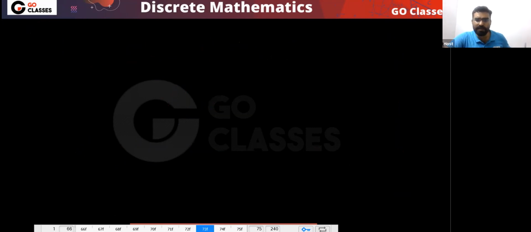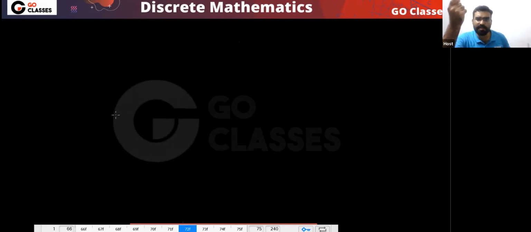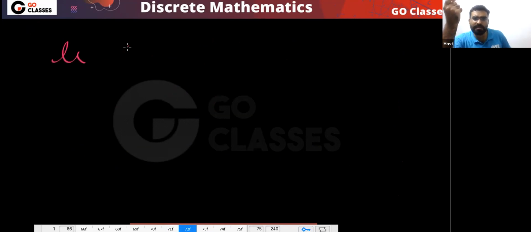This same point I can also say for the largest matching. Can I say that the matching number will be less than or equal to the vertex cover number?